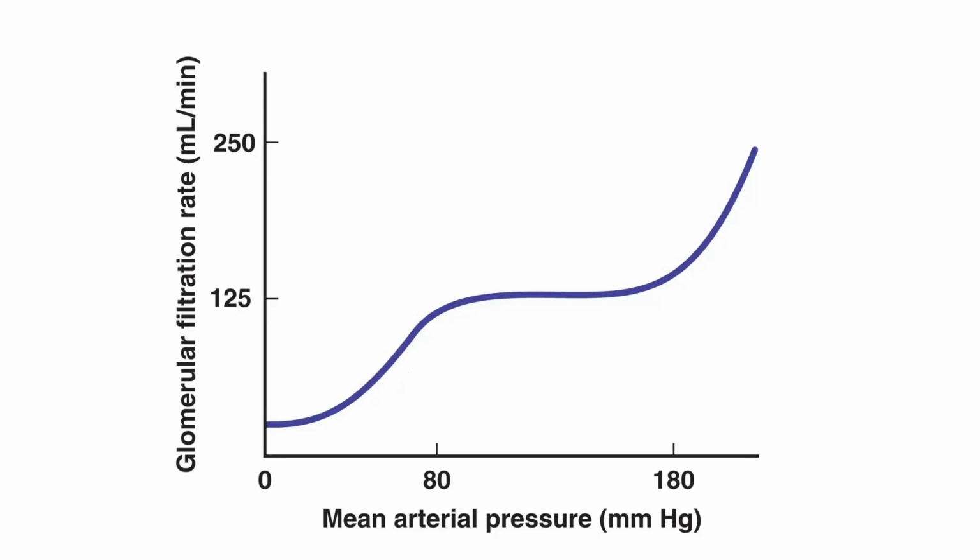If you have someone with really elevated blood pressures, this will also not be able to be regulated, and GFR will again take the hit and it will rise above 125. But for normal, healthy adults, we can fluctuate our mean arterial pressure anywhere between 80 and 180, and the kidneys will do everything that they can intrinsically and extrinsically to keep our GFR at 125. Okay.